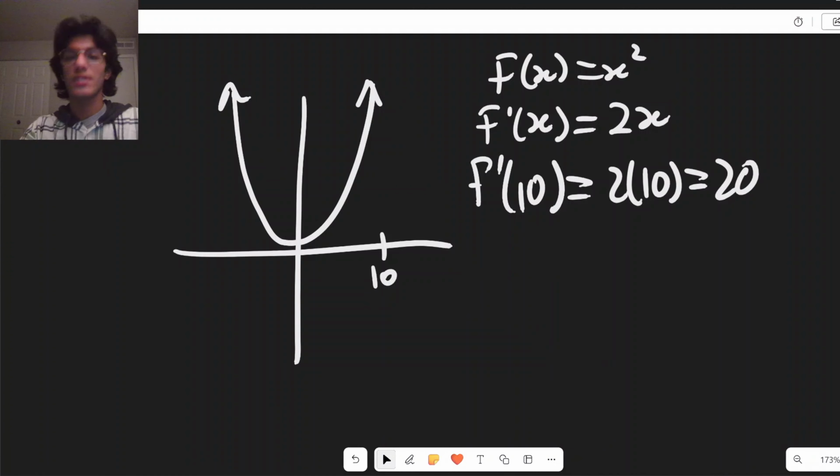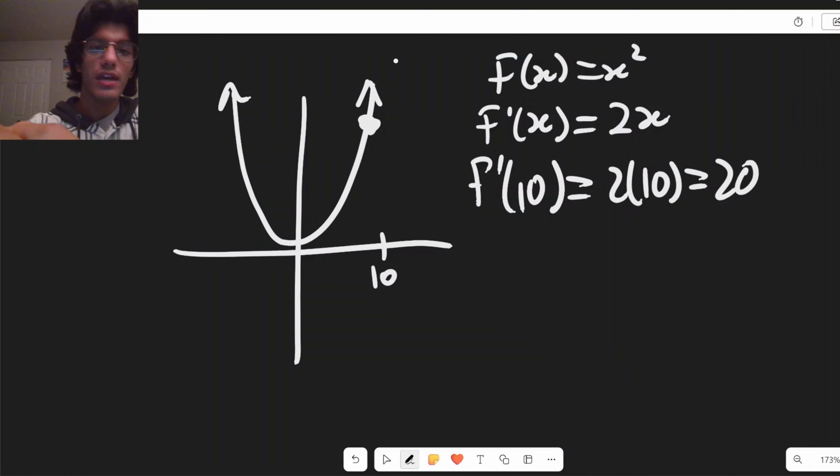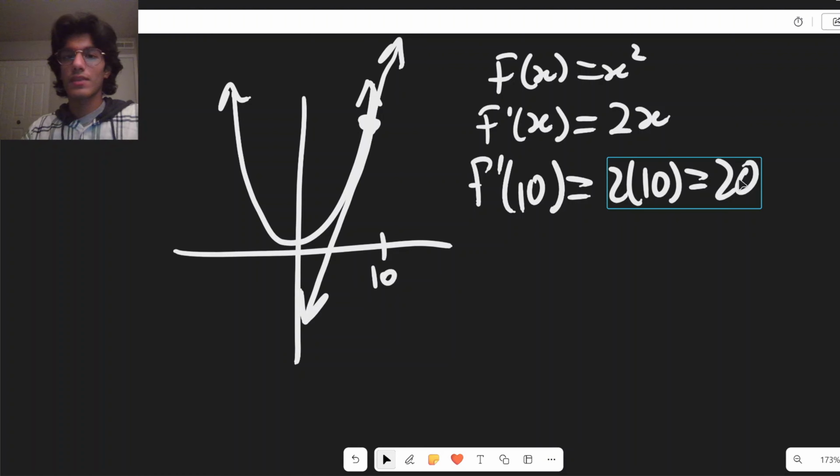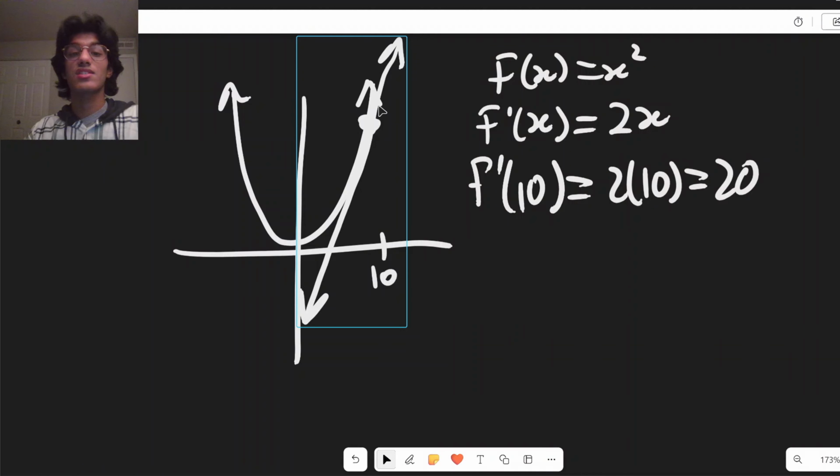What does 20 mean in terms of this problem? If this right here is the point f of 10, then if we draw a line tangent to it like this, this 20 represents the slope of this tangent line.